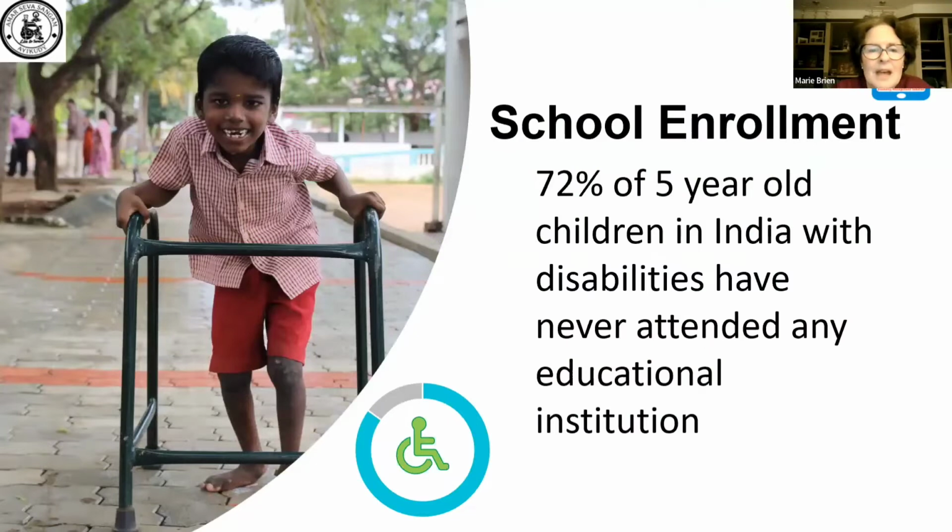Another statistic, looking at school enrollment, is that 72% of 5-year-old children in India with disabilities have never attended any educational institution or any type of program. So there's a need to get those children ready to be able to attend school, for inclusion into home, school, and community.